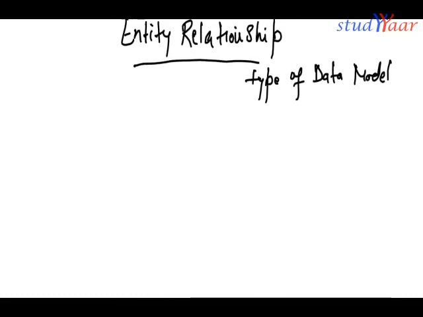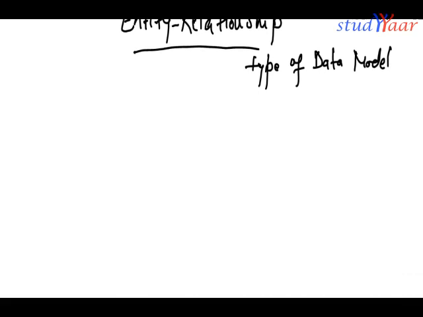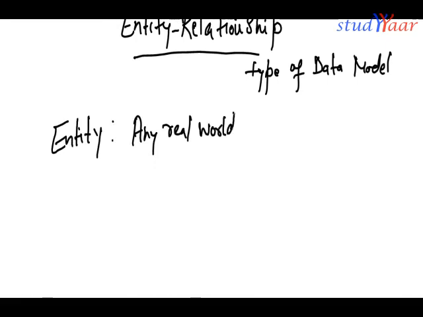So let's see how an entity relationship model maps a real world into the database. Let's first understand what an entity is. An entity is any real world object or thing that can be distinguished from other things.